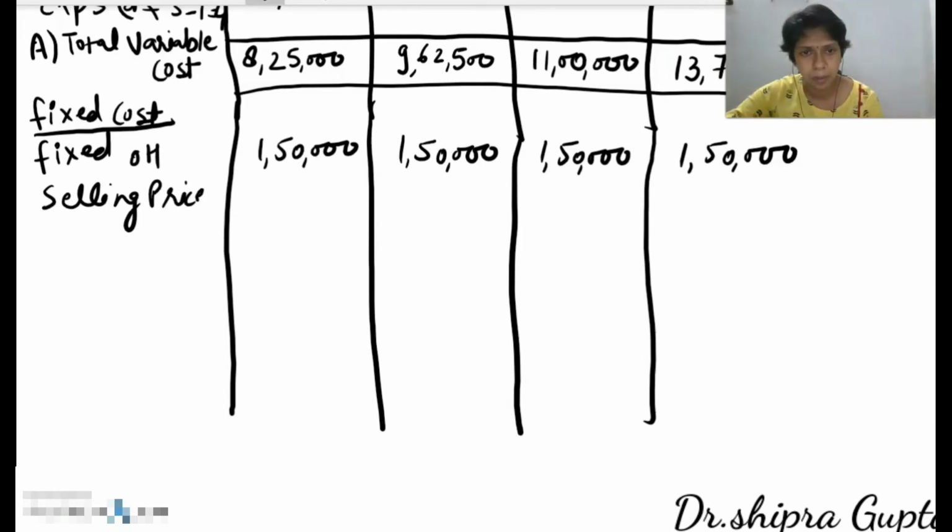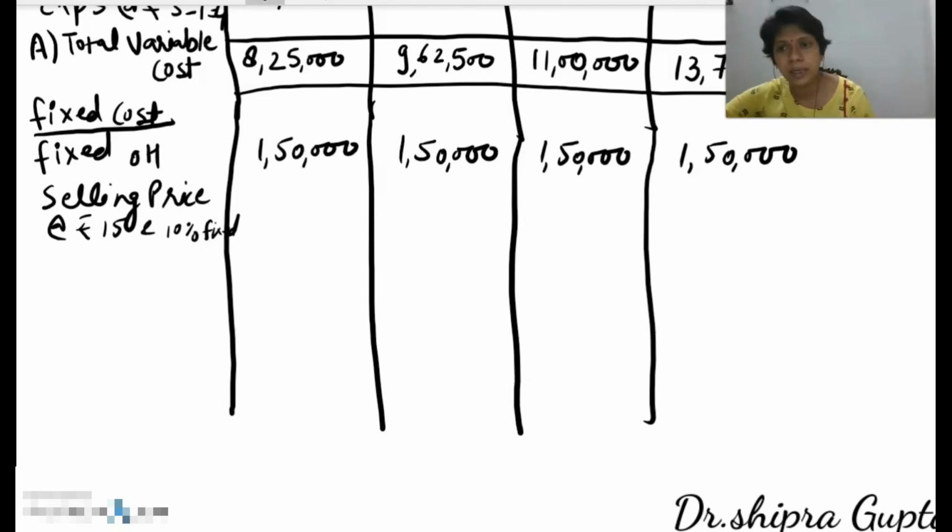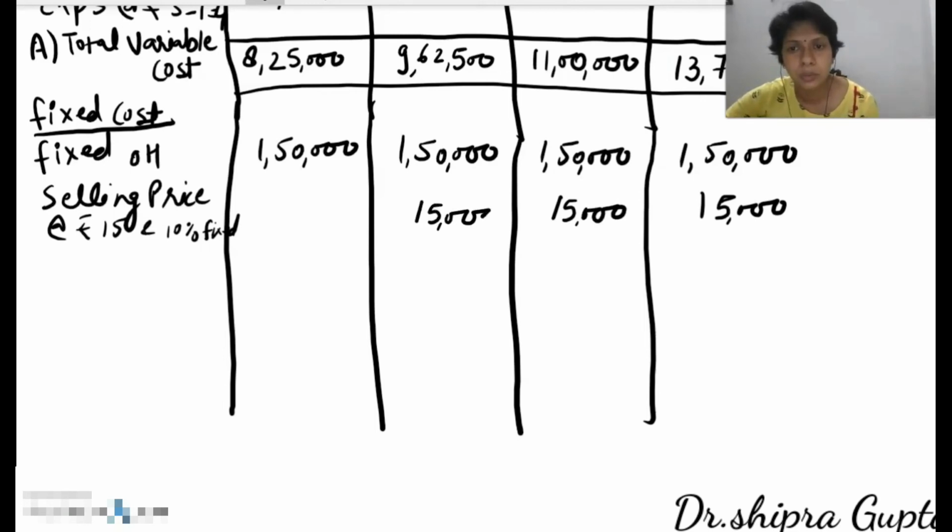So first we will multiply 1.5 into 10,000 and we will get rupees 15,000 for 10,000 units, and this amount will remain the same for all the capacity. There will be no impact from production. 10,000 base unit is given, so first we will consider 10,000 and then this amount will remain the same for all the columns.